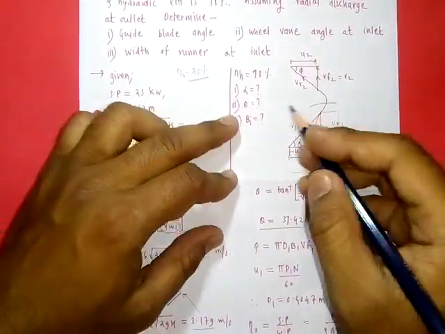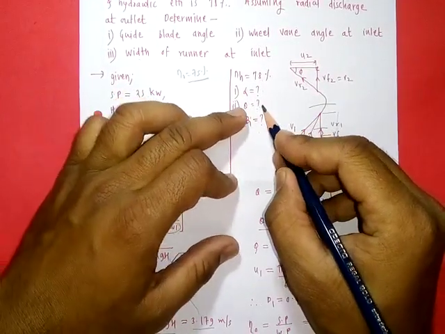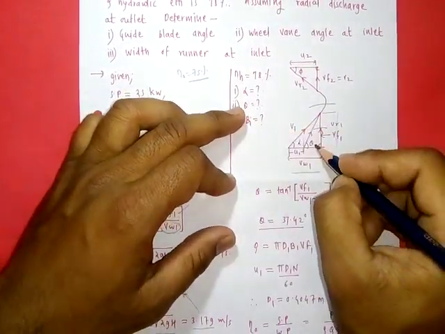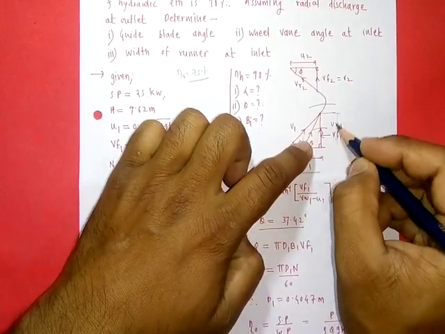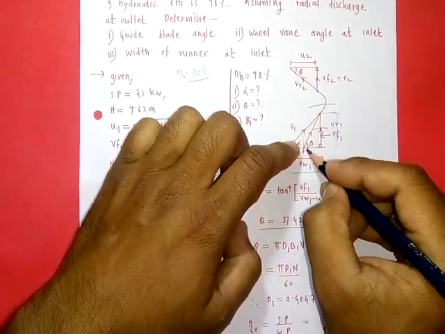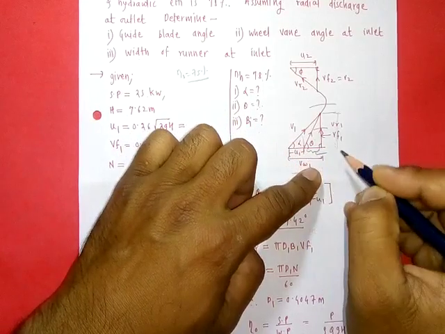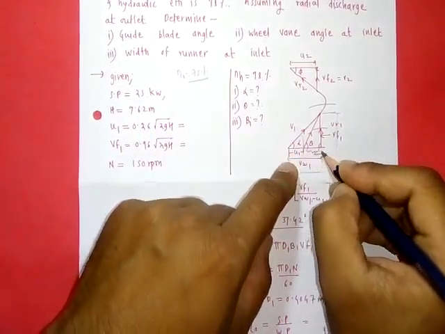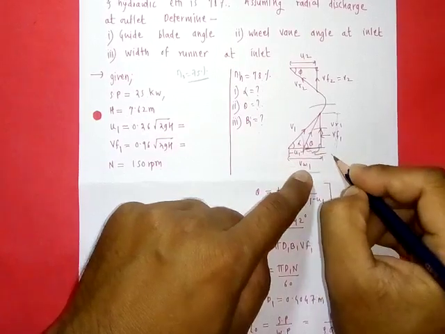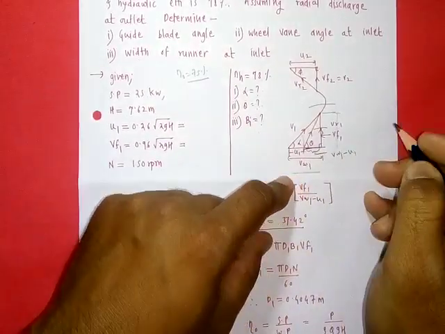Next asked quantity is theta. Again theta is in the inlet triangle, so tan theta is equal to this height upon this length. This length is equal to vw1 minus u1.